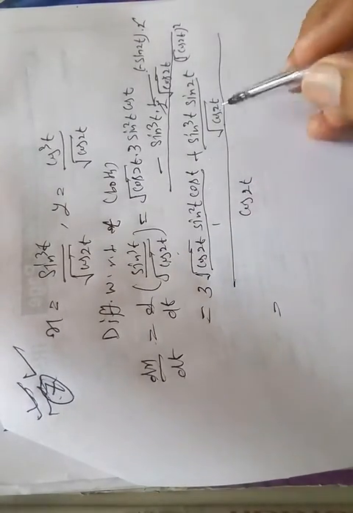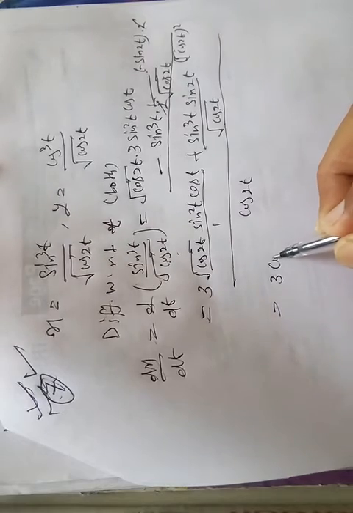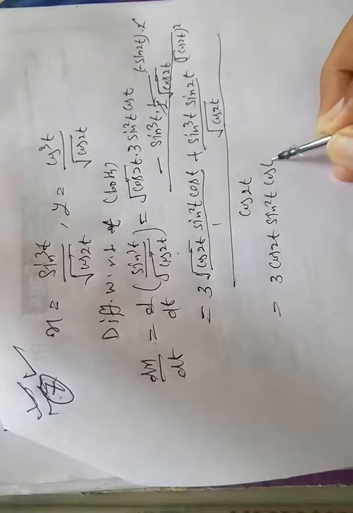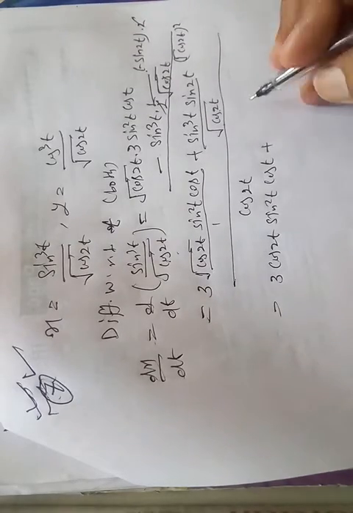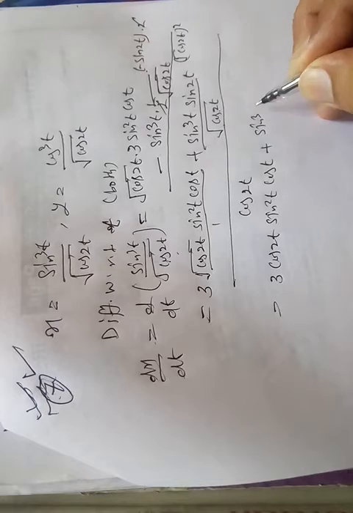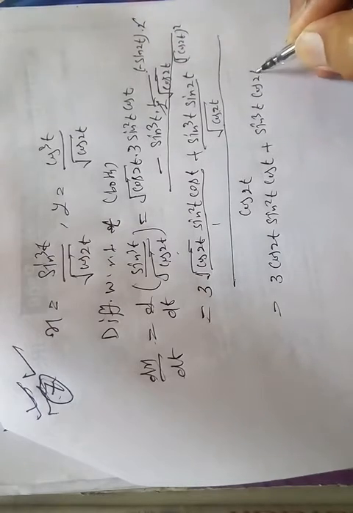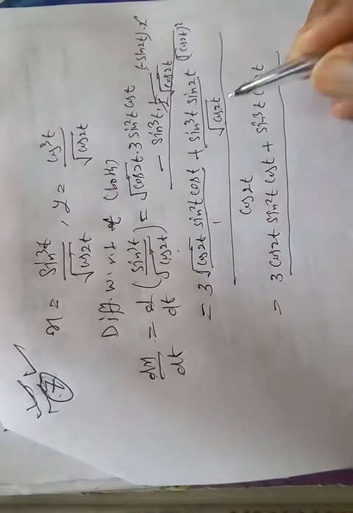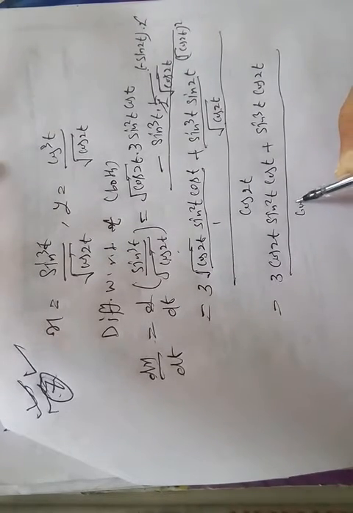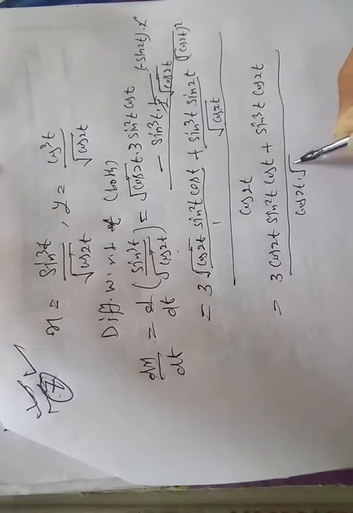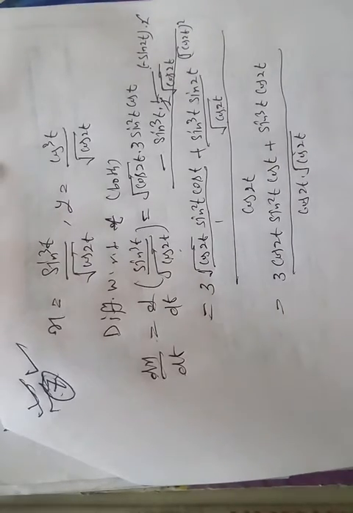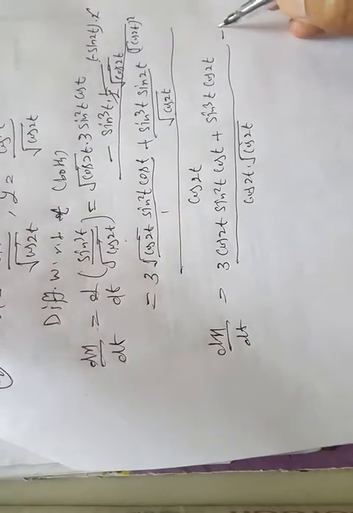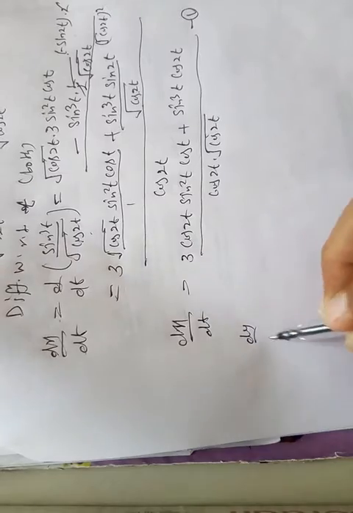Taking LCM, dx/dt equals 3 cos 2t sin square t cos t plus sin cube t sin 2t, upon cos 2t into under root cos 2t. This is dx/dt.